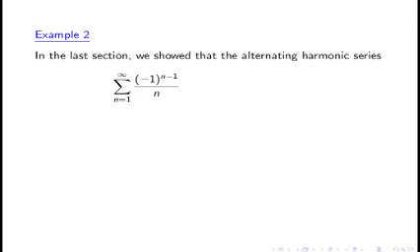Well, the series itself, as you can see, will have alternating signs. So it's 1 minus a half plus a third minus a quarter and so on. And we know from the previous section that this is in fact a convergent series.